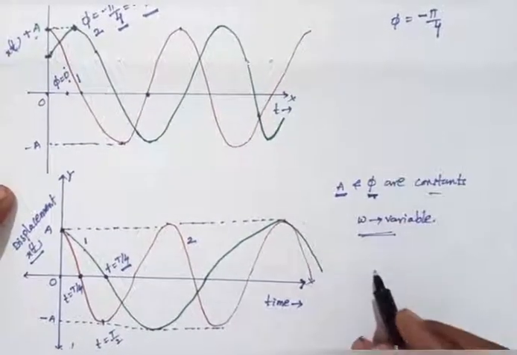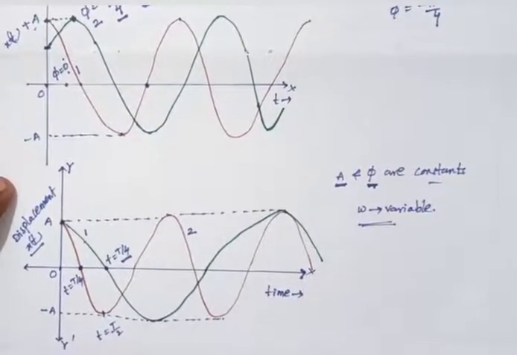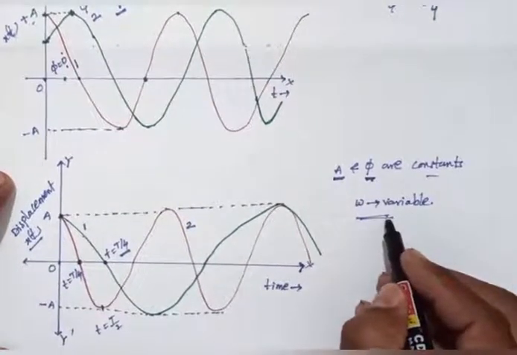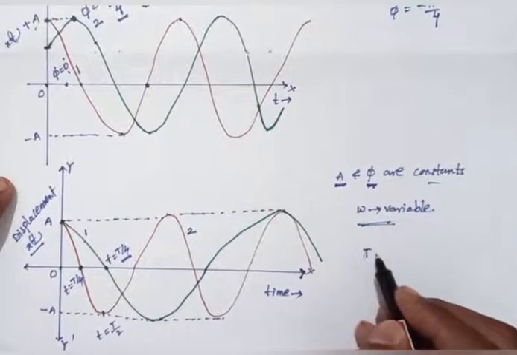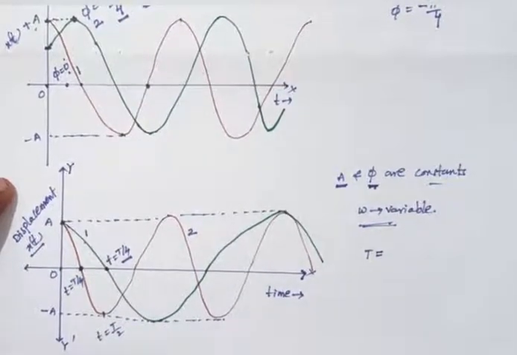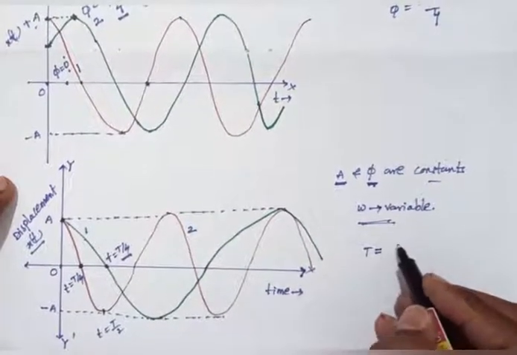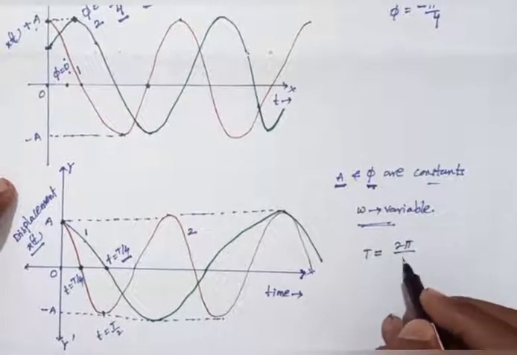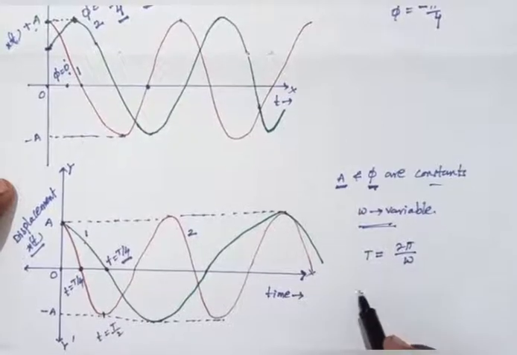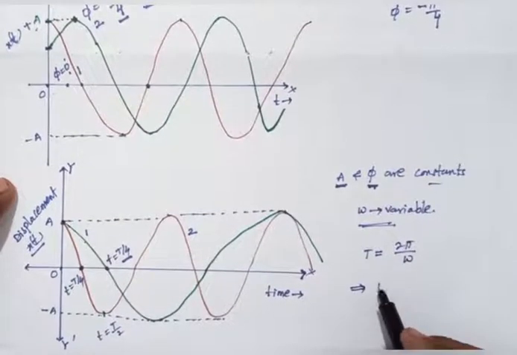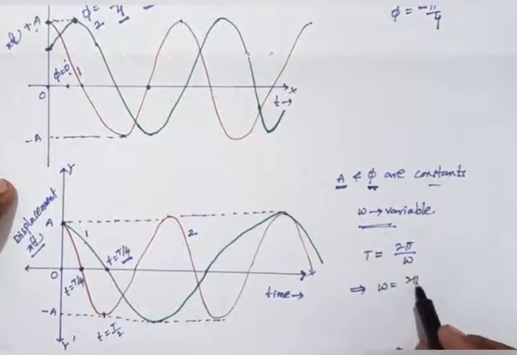Omega is the angular speed or angular frequency, related to the time period. We have already discussed the time period, T equals 2 pi by omega, or omega equals 2 pi by T.